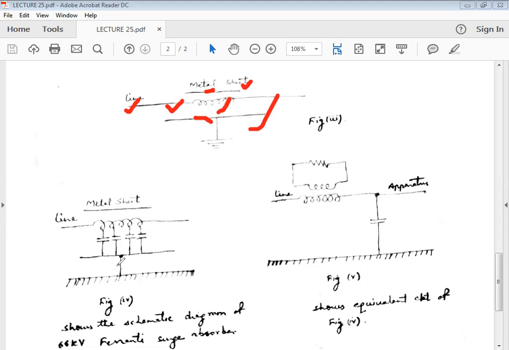One end of this inductor is connected to earth and the other to the metallic sheet, that is the dissipator. All the excess energy will be dissipated in this short-circuited secondary metallic sheet in the form of heat. This shows the equivalent circuit diagram: all the capacitances are taken as an equivalent capacitance connected to earth, and the dissipator is basically a combination of inductor and resistors.